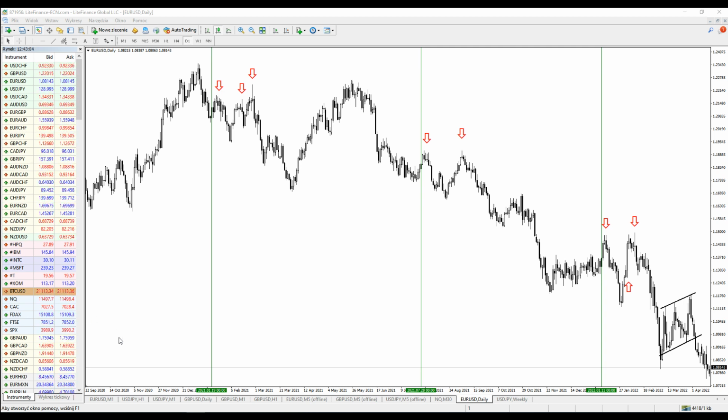All right, everywhere we see the rejection, we have the possibility to try to trade to the opposite side. That's the one thing.